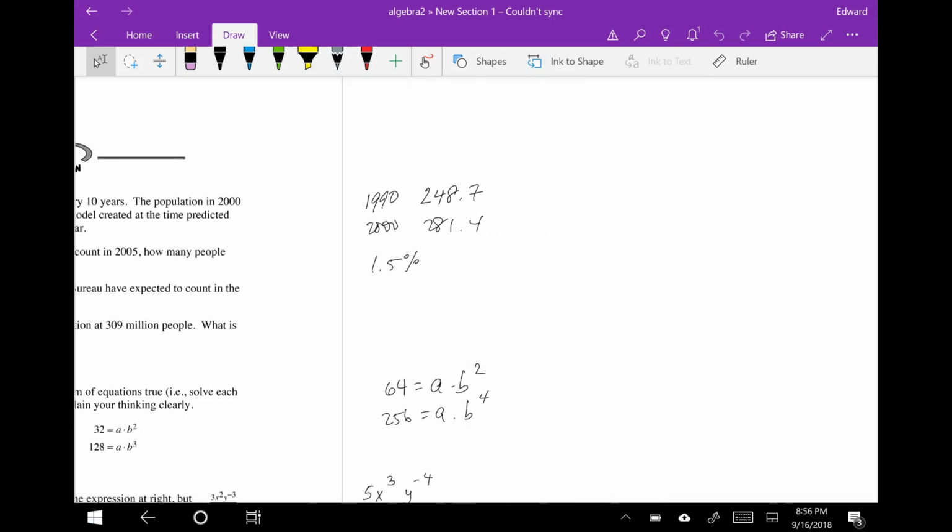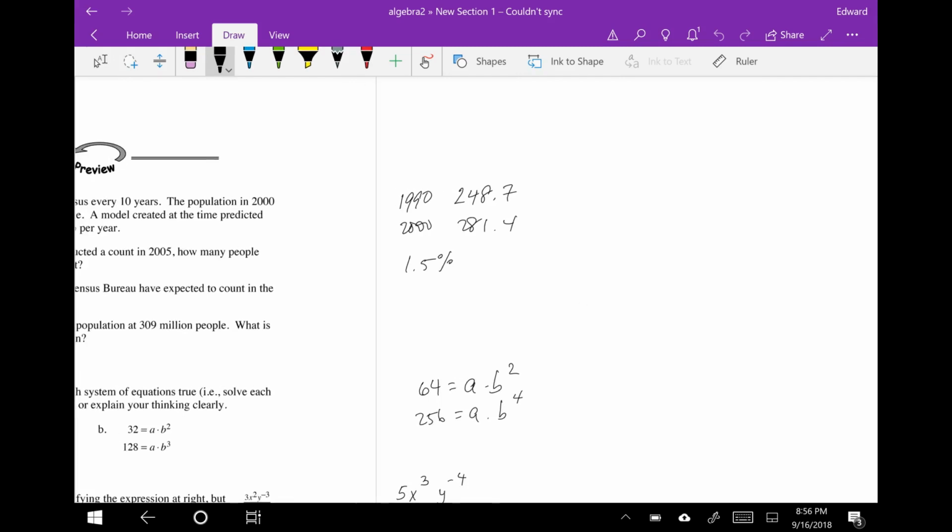Suppose we said that in 1990, the population was 248.7 million, and there was a model that expected the population to grow at 1.5% per year. Well, that would be an equation something like this. F of x equals this initial value, right? Initial value in 1990 would be 248.7 times a multiplier.